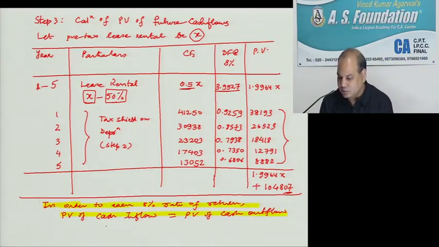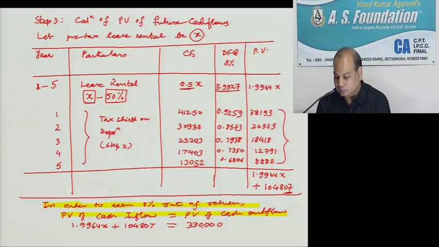After writing this, you will write 1.9964x plus 1,04,807, and that is equal to how much? 3,30,000.